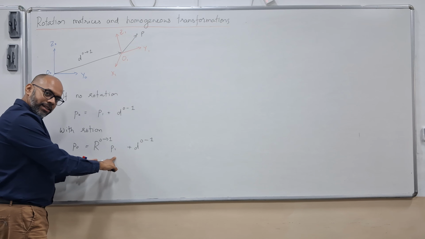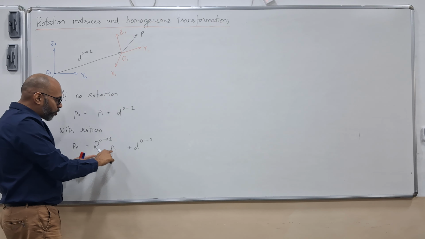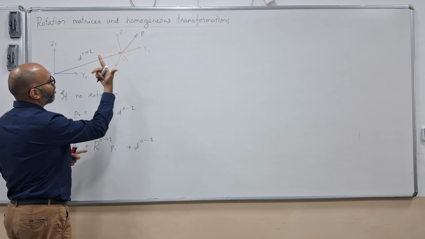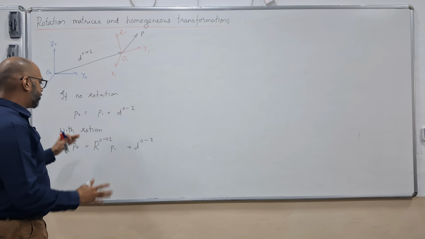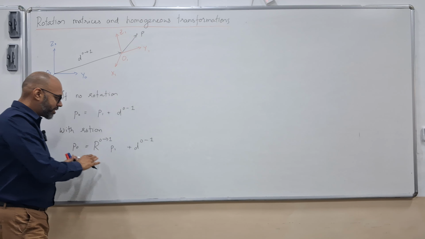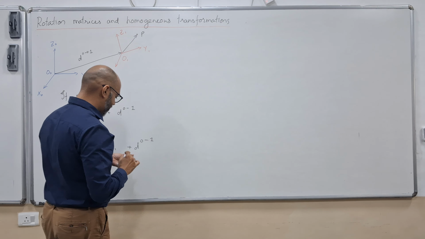This is only concerned with changing the components in terms of different orientations, and this part is making sure that the translation is taken into account, right? So very similar idea to rotation matrices, but now with the translation.